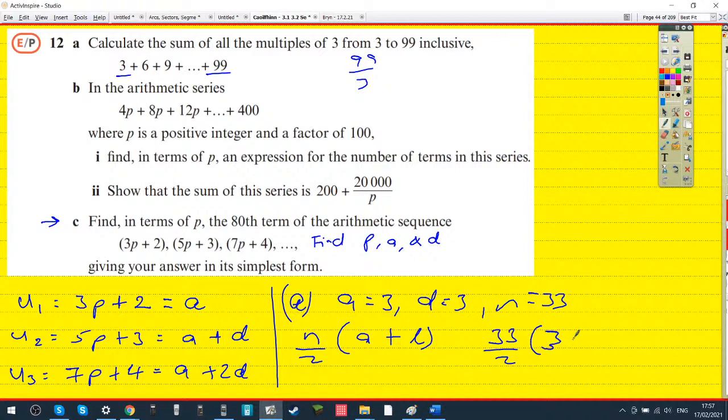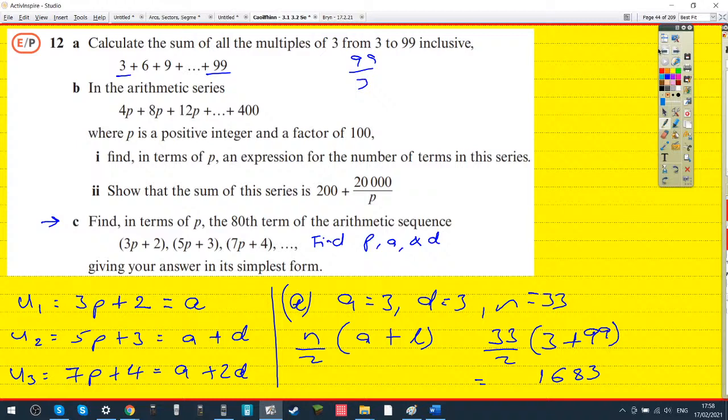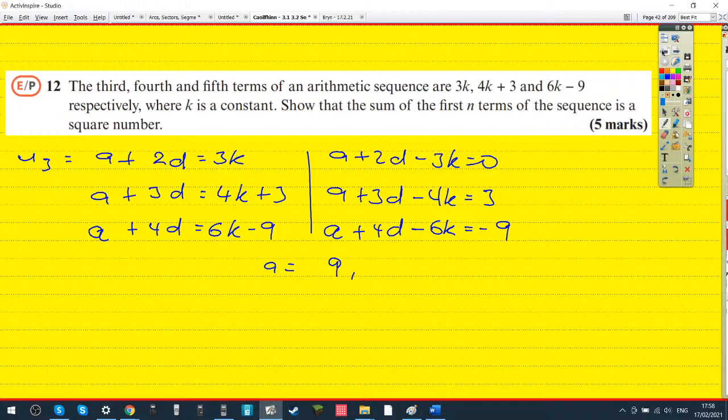Wait, what is that again? Last term. 99. Yep. And that is a quick way to tell you what you get if you do 3 plus 6 plus 9 plus 12 plus all the way up to plus 99. Okay, I got 1,683. 1,683. I'll take it.